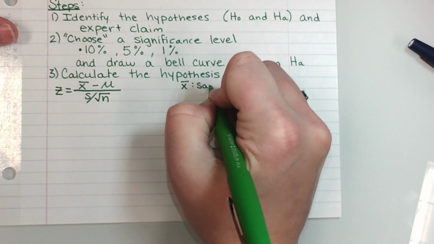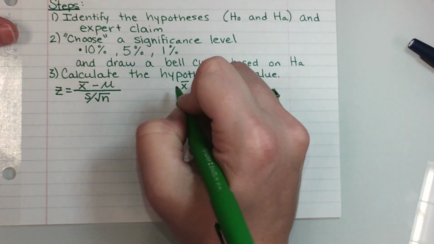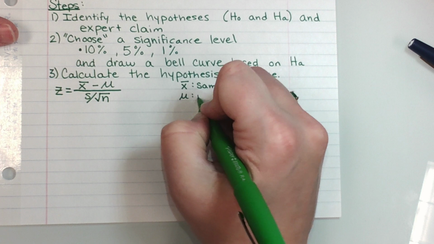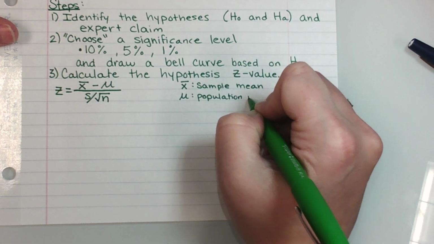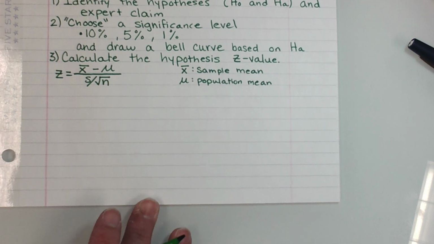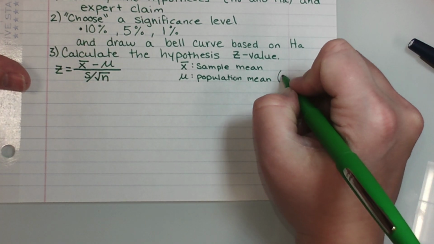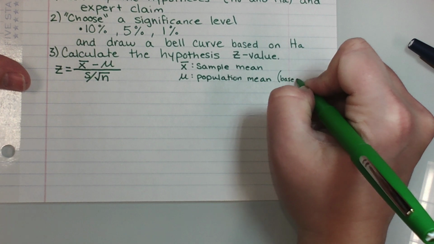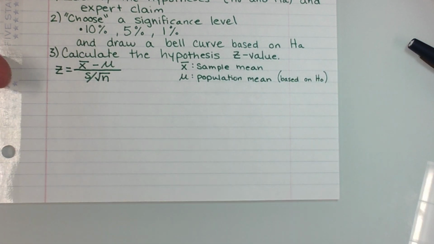X bar is the sample mean. Now mu should be the population mean, which just kind of brings into question what I just said. If you know everything about the entire population, you're just going to look at the population data. But it is the population mean, specifically based on the null hypothesis.